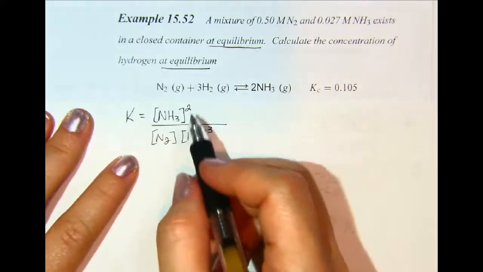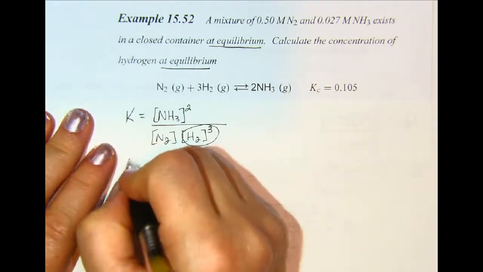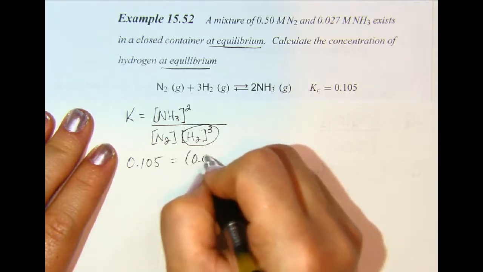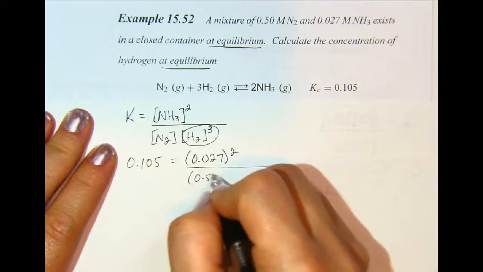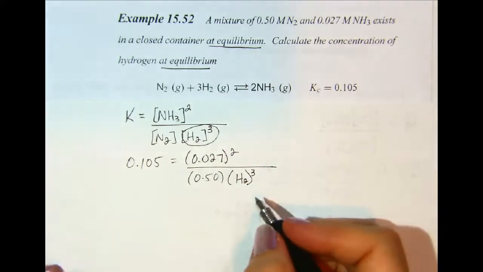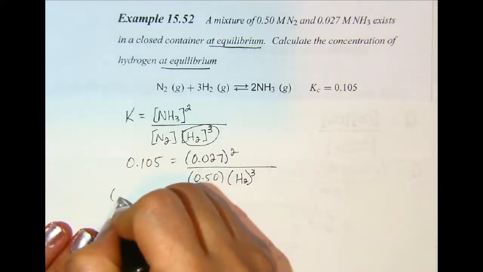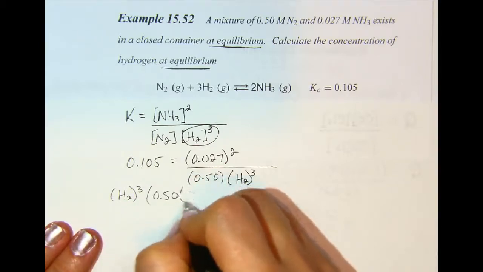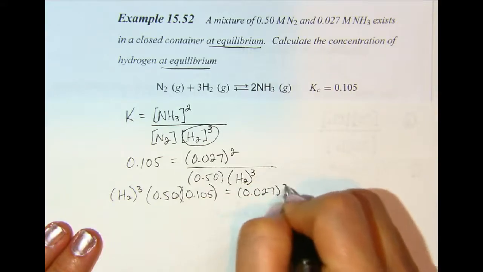So now I want to know what is hydrogen at equilibrium, and so I can plug in my value for K: 0.105 equals ammonia, 0.027 squared, all over nitrogen, which is 0.50, times hydrogen cubed, which is what I don't know. I'll multiply this to both sides of the equation, and I'll get hydrogen cubed times 0.50 times 0.105 equals 0.027 squared.